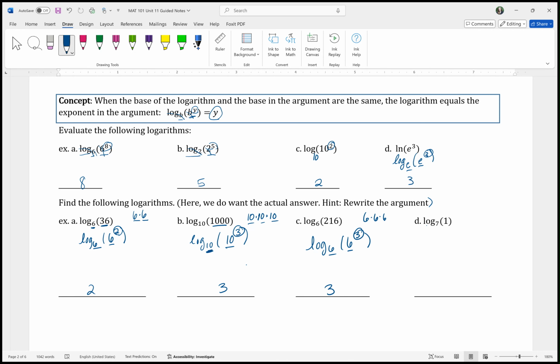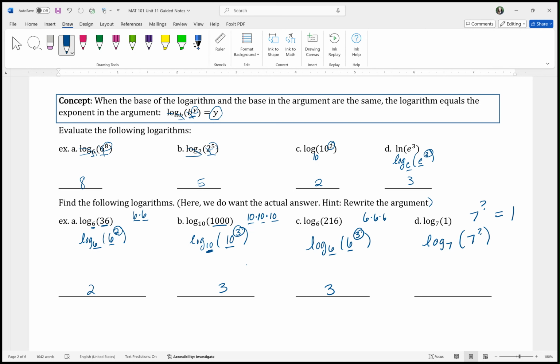And then looking at log base 7 of 1. This one's kind of tricky. Log base 7 of 7 to what power? How many times do you multiply 7 together to get 1? I'll let you think for a minute. How many times do you multiply 7 together to get 1?